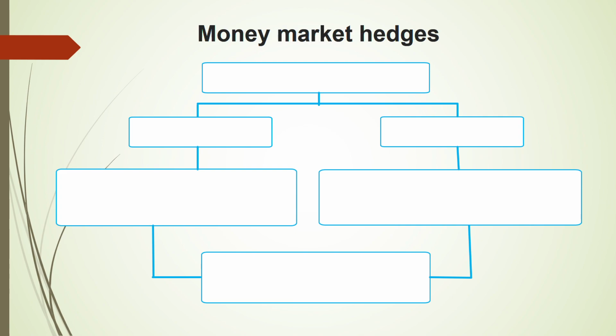Okay, so in the money market hedge, the question that you need to ask is whether it's a payment or a receipt, a future foreign currency cash flow. Whether it's a foreign payment or foreign receipt. Why? Because then the treatment changes. The main thing in money market hedging you need to remember is at which rate to invest, at which rate to borrow.